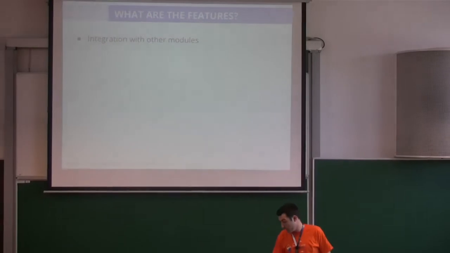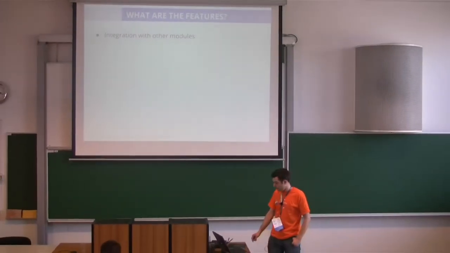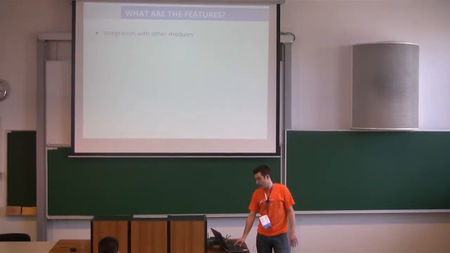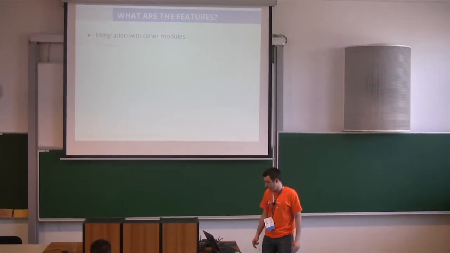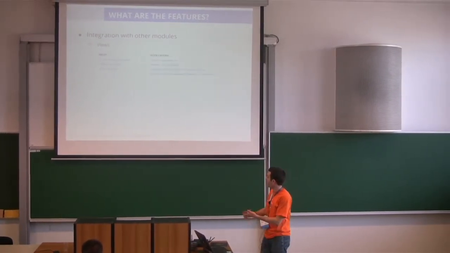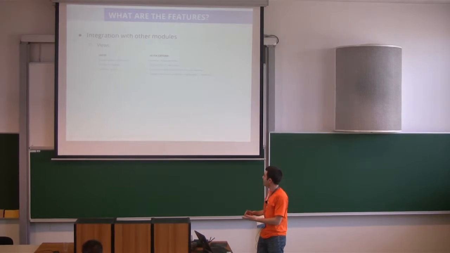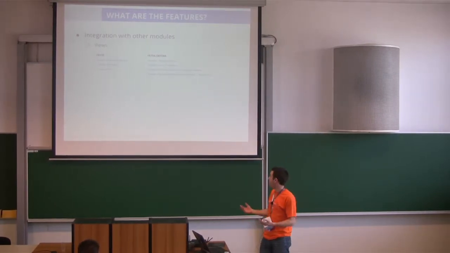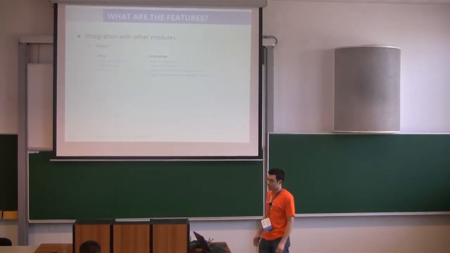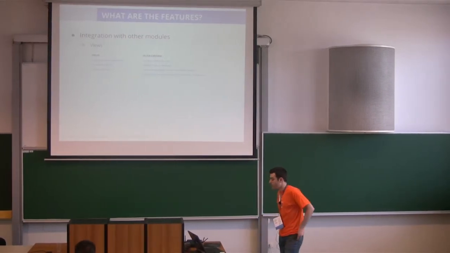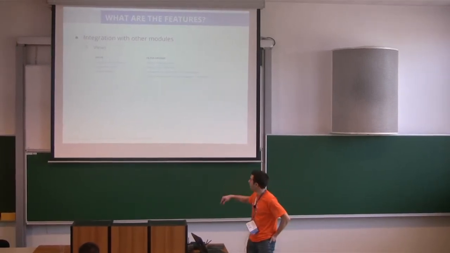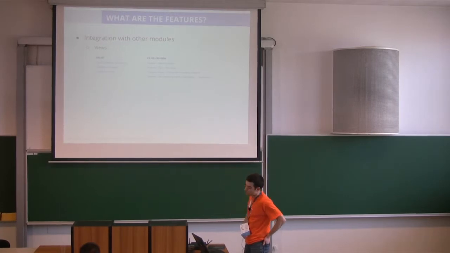Another feature is integration with other modules. One of the most important, of course, is integration with views. You have views fields, filter criteria, and all the other fields in views that you can use. For example, here you can print out the domain ID.